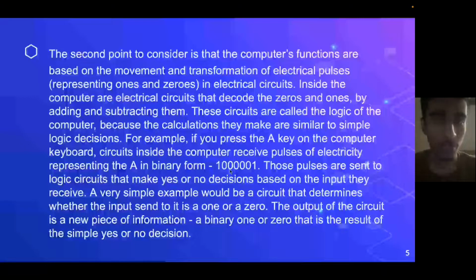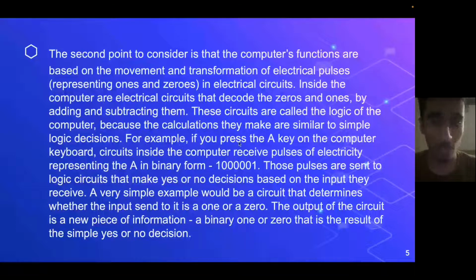The second point to consider is that the computer's functions are based on the movement and transformation of electric pulses in electrical circuits. Inside the computer, the electrical circuits decode the zeros and ones by adding and subtracting them. These circuits are called the logic of the computer because the calculations they make are similar to simple logic decisions.